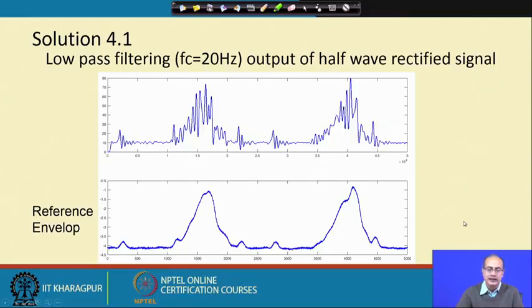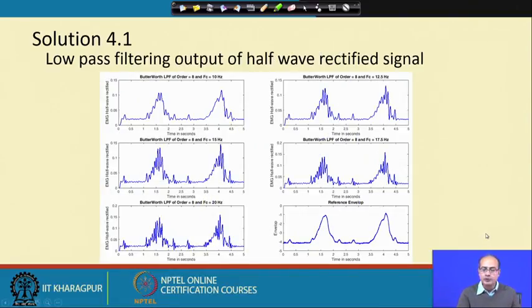This makes it clear that the more we increase the cutoff frequency, the more the envelope deteriorates. We cannot say that the envelope is looking better, though it is changing faster and following the faster change with respect to the reference envelope. Now, let us put them together to study their effect side by side.